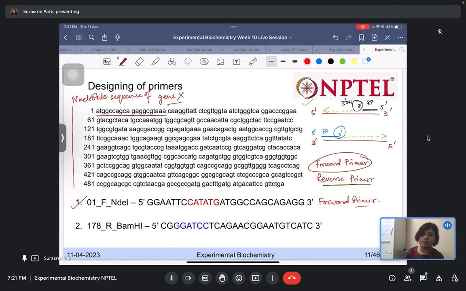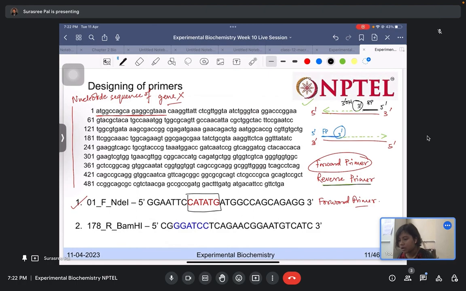Now the forward primer not only has to be complementary to the DNA template, but it also has to contain a particular sequence which will be the restriction site.